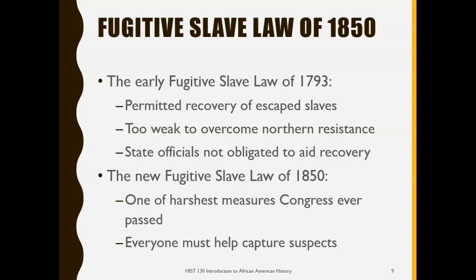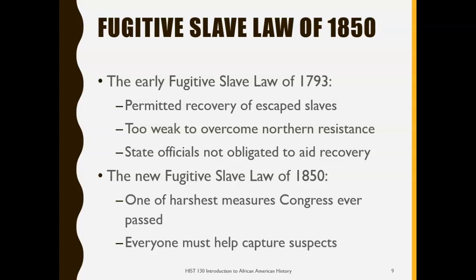So the people in the North usually helped the runaways to flee the South. State officials also were not obligated to help the slave catcher at that time. So because of that, the people in the South lost many slaves.